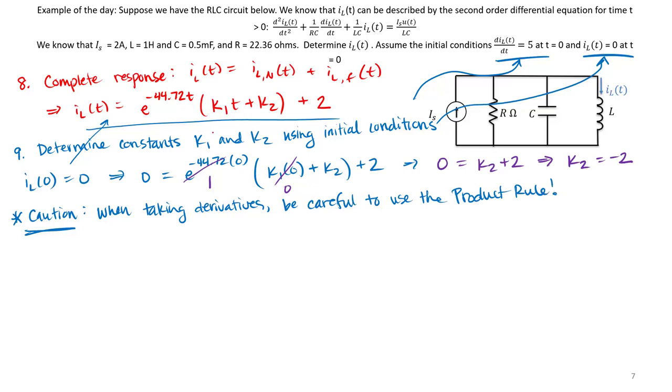You'll notice in this case, when we take the derivative of the complete response, we have multiple terms that are functions of time that are multiplied together.